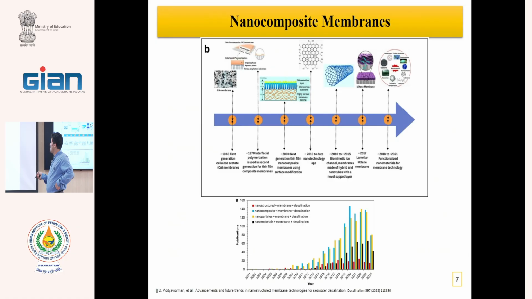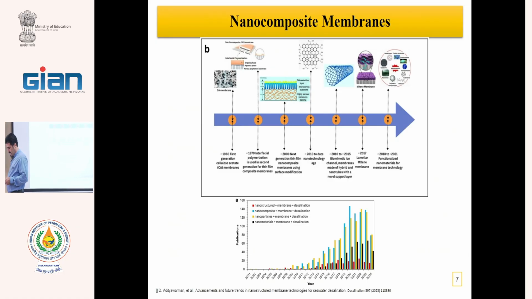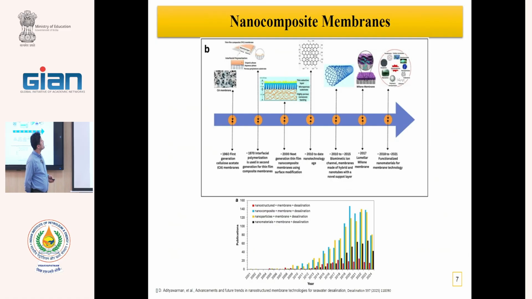But in 2010, we had the best progress in nanotechnology. First, you see the carbon nanotube, and carbon-based is mostly used, and next, novel nanomaterials are synthesized, and every day, a new type of nanomaterial is synthesized and introduced.